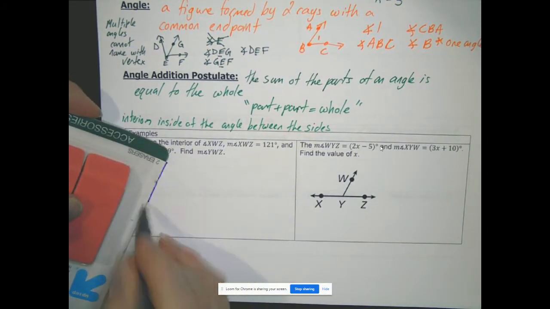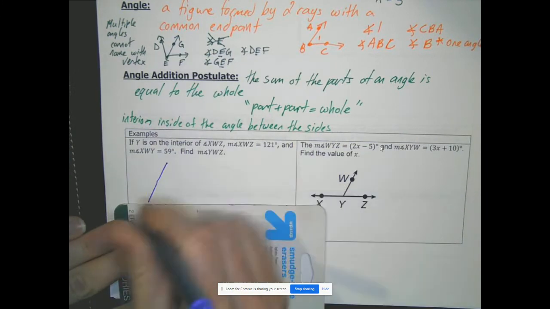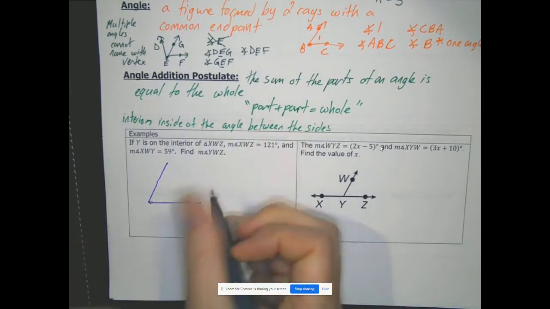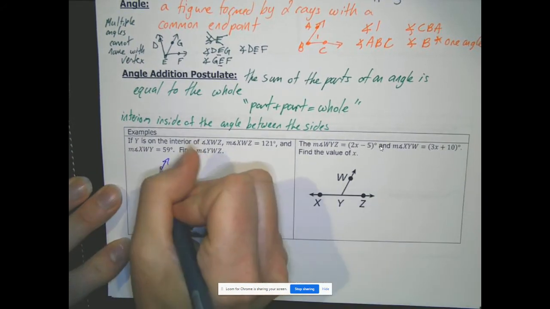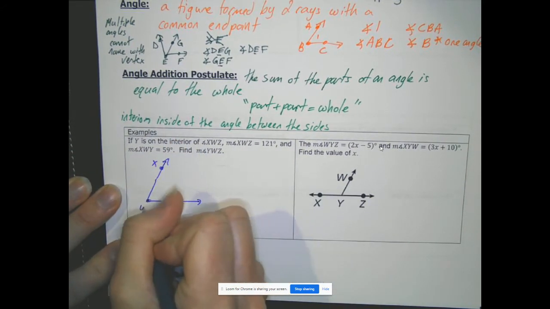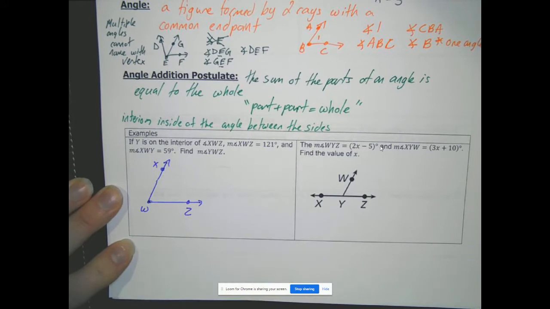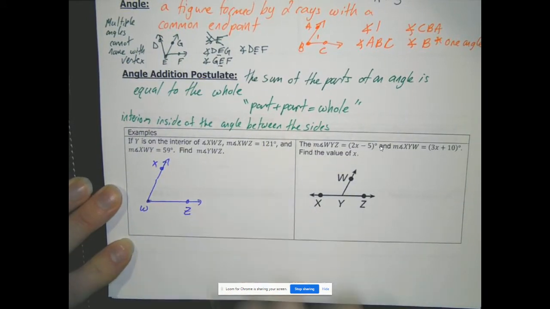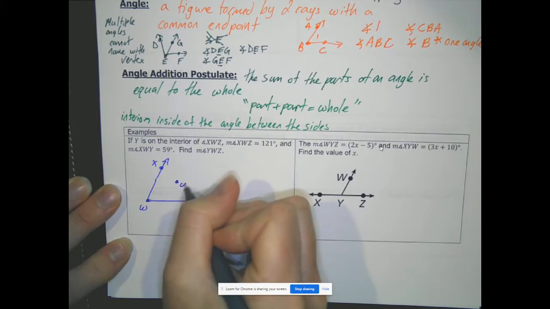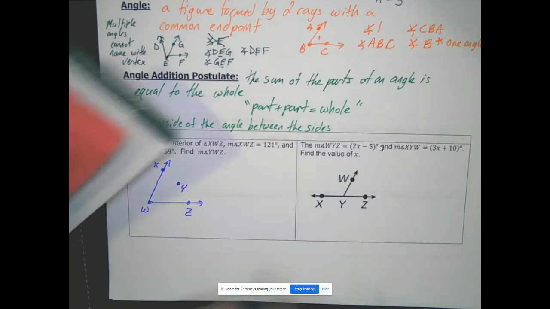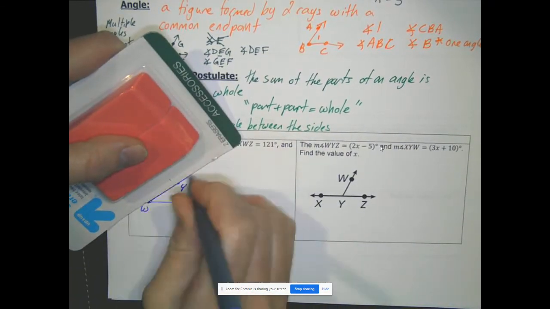Okay, so I'm going to draw this. It doesn't have to be to scale, so don't worry about that because we really don't know anything about this angle. So we have angle XWZ, and it says Y is on the interior. So there's going to be a point Y on the inside somewhere, and it's not specific.